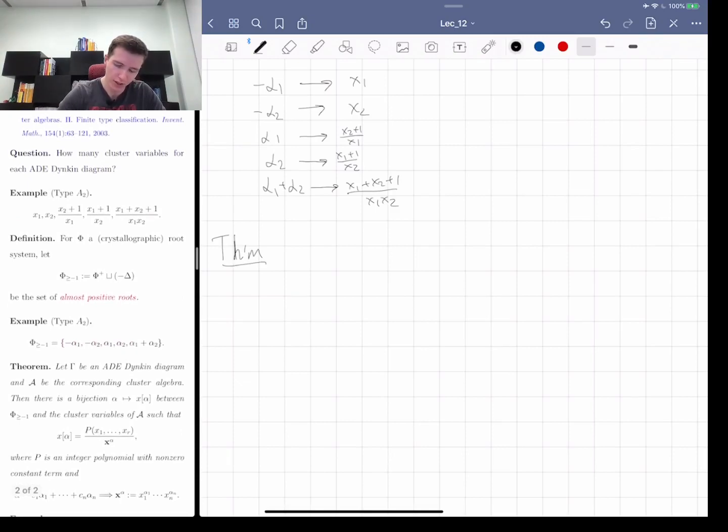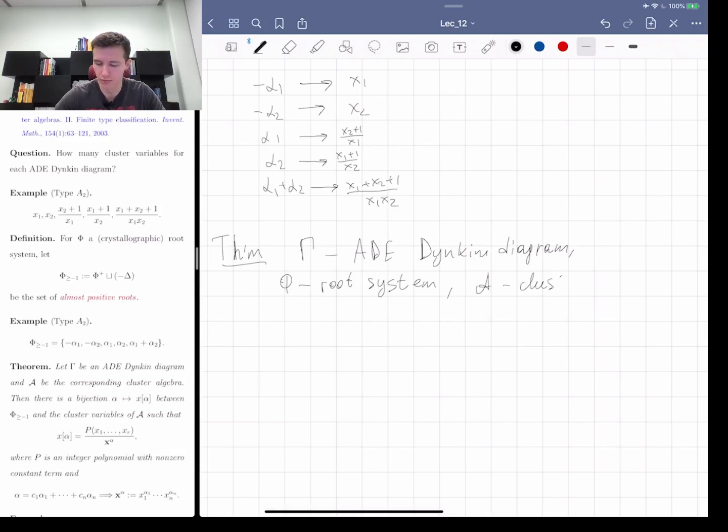So the theorem is that suppose gamma is an ADE Dynkin diagram, and let's say phi is the corresponding crystallographic root system of type gamma, and then A the corresponding cluster algebra of finite type.